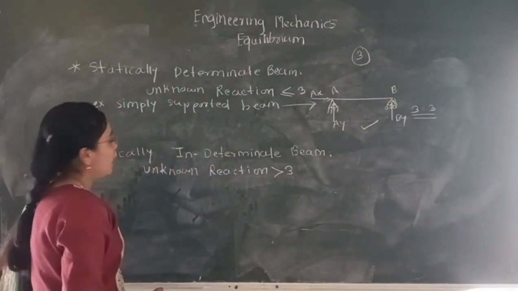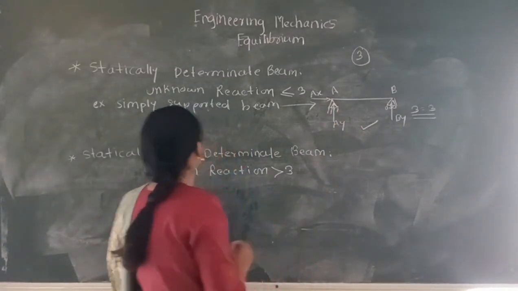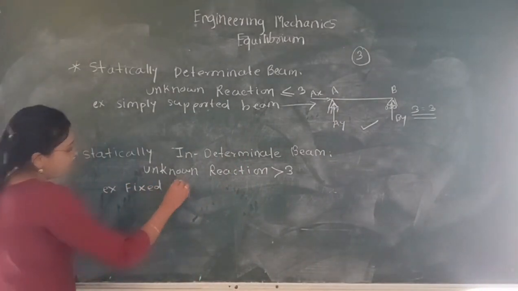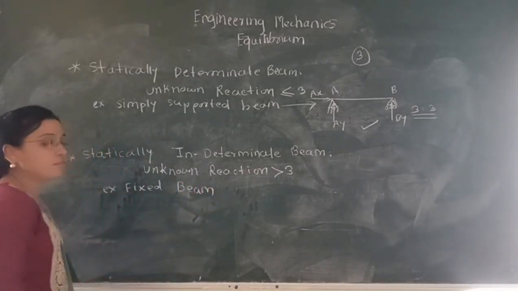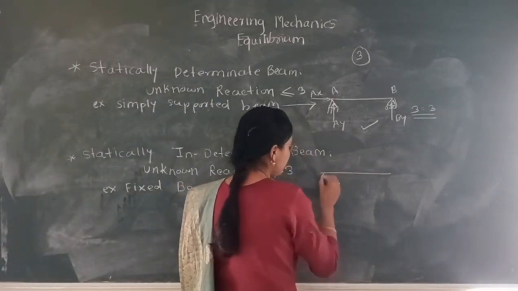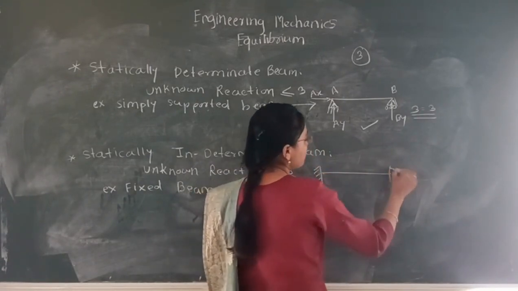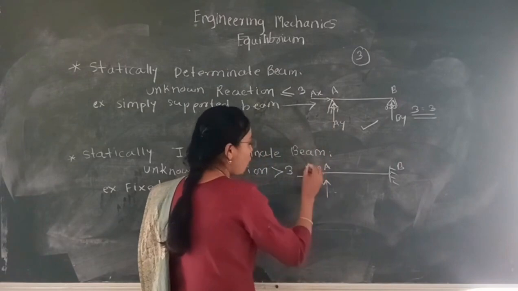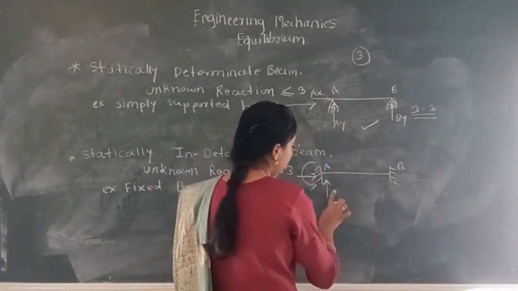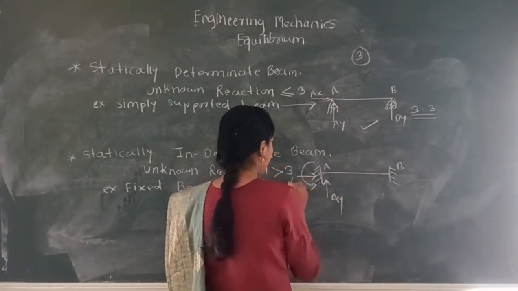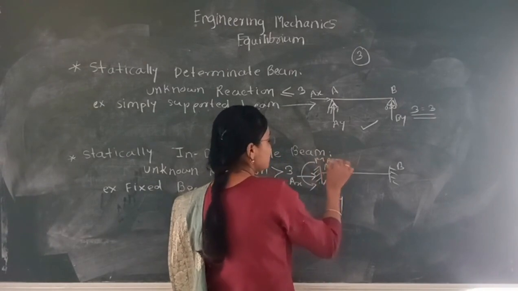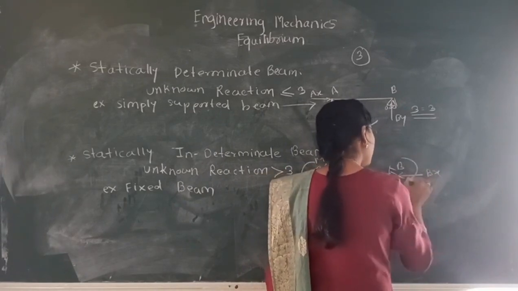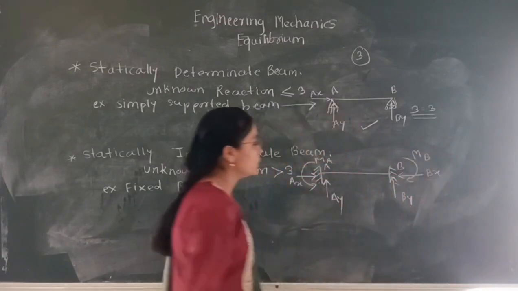Now let's see an example of a statically indeterminate beam. For a statically indeterminate beam, we can take a fixed beam. For the fixed beam, we can take an example where both ends are fixed at supports A and B. Now draw its free body diagram. All 3 reactions at the support are restricted, that is AX, AY, and the moment at support A. Here BY, BX, and the moment at support B are also restricted.